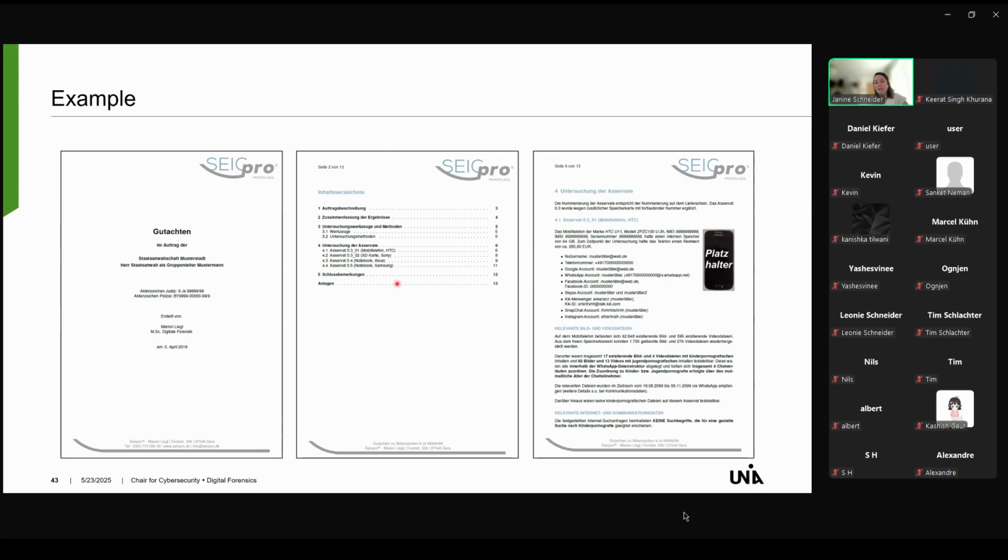We have the contents where you can see, it's probably a little small, that there's the investigative order at the beginning, a summary of the results, the methods and environment summarized here in point 3, and then the actual analysis and some kind of conclusion.